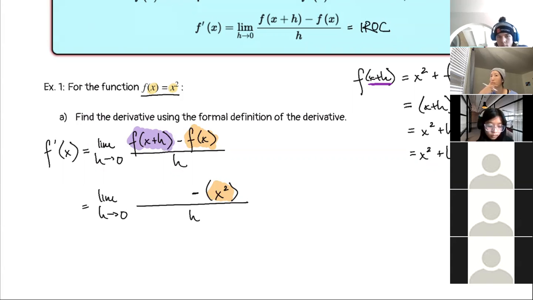What does that give us then? Any of these options? If all we do is sub x plus h in for x.